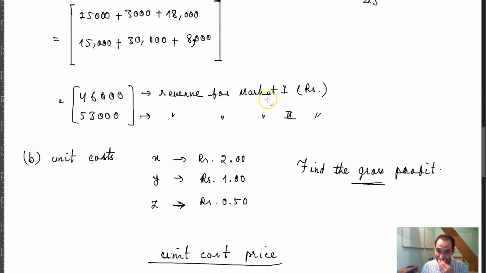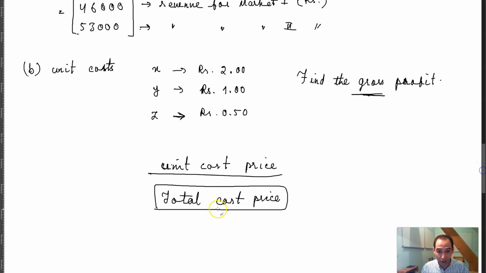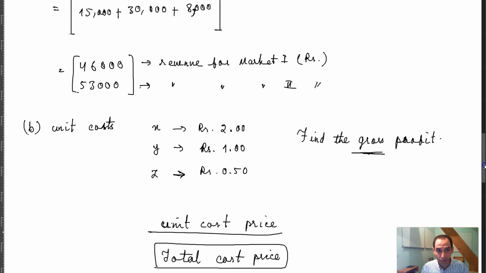Meaning, as a result of selling those products, I got 46,000 rupees in market 1 and 53,000 rupees in market 2. That means that altogether I got 99,000 rupees, or nearly 1 lakh rupees for both of the markets together. So if I subtract the total cost price from the total amount of money that I got as a result of selling all of those products, that gives me the gross profit, right?